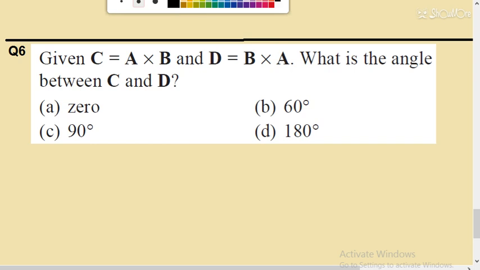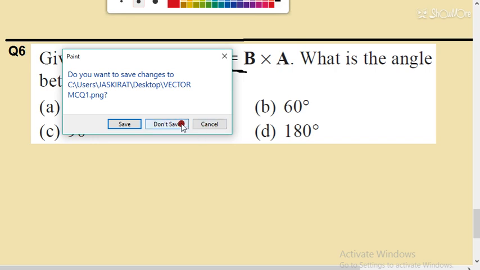In the sixth question, they have taken vector C and vector D, but in the ninth question, he has just asked you about the angle between vector A cross B and B cross A. So the angle between them is 180 degrees in this case also, and in that case also the angle between them is 180 degrees.